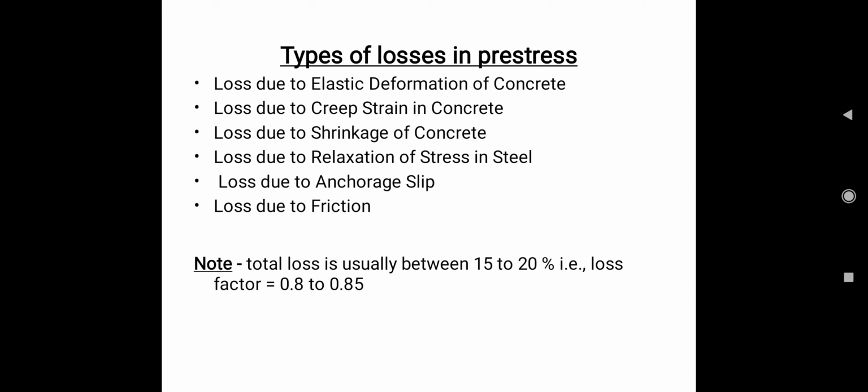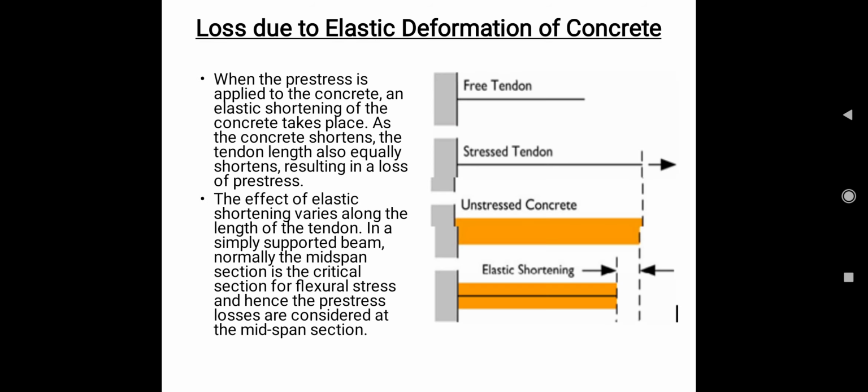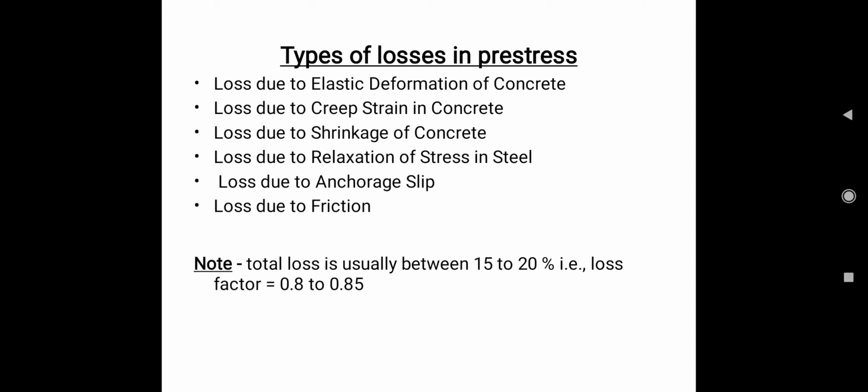First one is loss due to elastic deformation of concrete. Second one is loss due to creep strain in concrete. Third one is loss due to shrinkage of concrete. Fourth one is loss due to relaxation of steel, then loss due to anchorage slip, and loss due to friction.